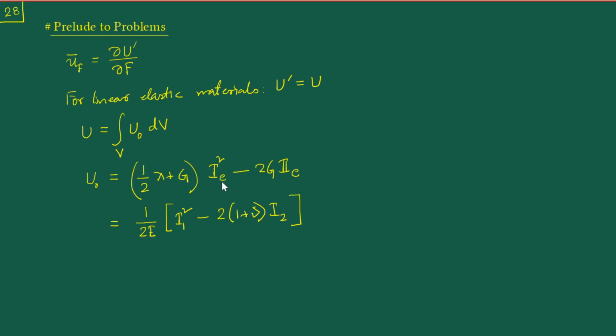So in the previous line, I_E and this 2E were the first and the second invariants of strain. Here in this line, I1 and I2 are the first and the second invariants of stress. Of course, this capital E is the Young's modulus, this nu is the Poisson's ratio. So where do we get these expressions from?